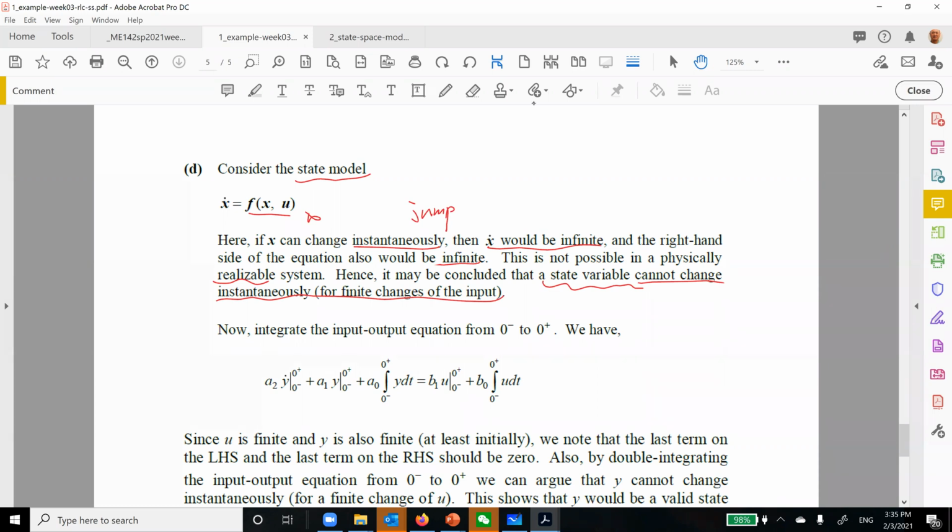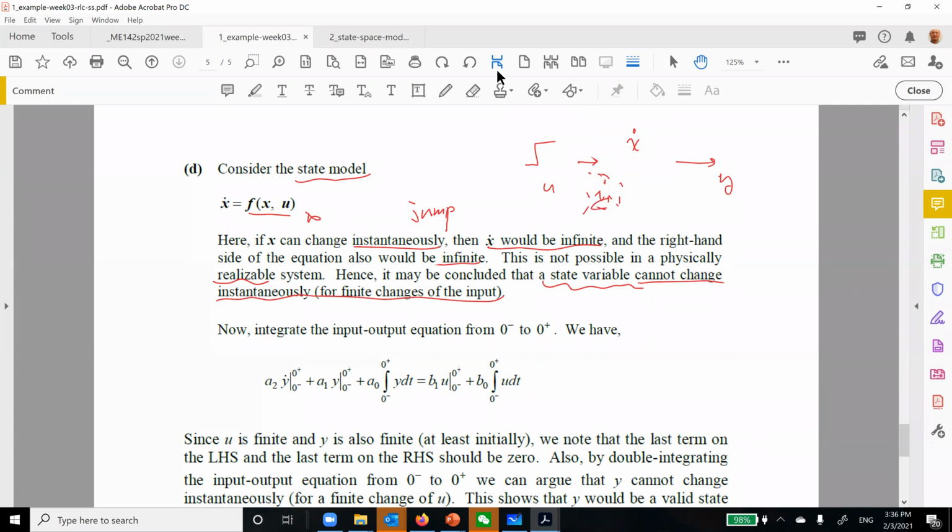I can give you an input u, and you have y, and the state variable somehow in between cannot suddenly jump, because the x dot, the u dot, will go to infinity. So you cannot have a u dot at all. You need to find a way to avoid this. But input is okay. Input is okay. You can change.